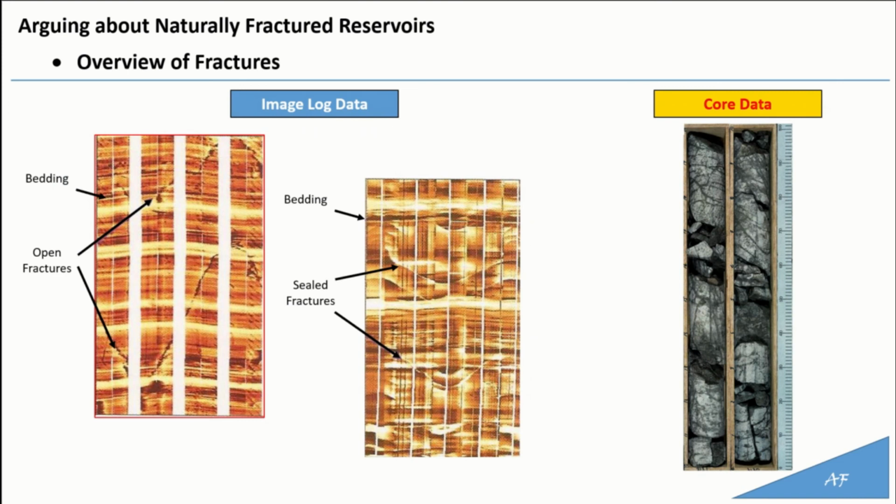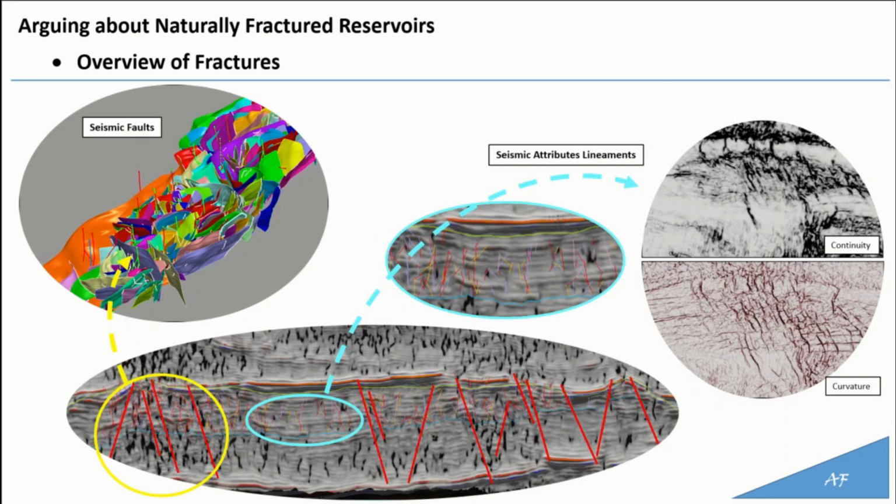In a reservoir study, fractures can be observed directly at a well scale, both on cores and on the image logs, while at larger scale, they can be observed on the seismic volume as a seismic fault and/or subseismic discontinuity, as highlighted by seismic attributes like continuity and curvature.